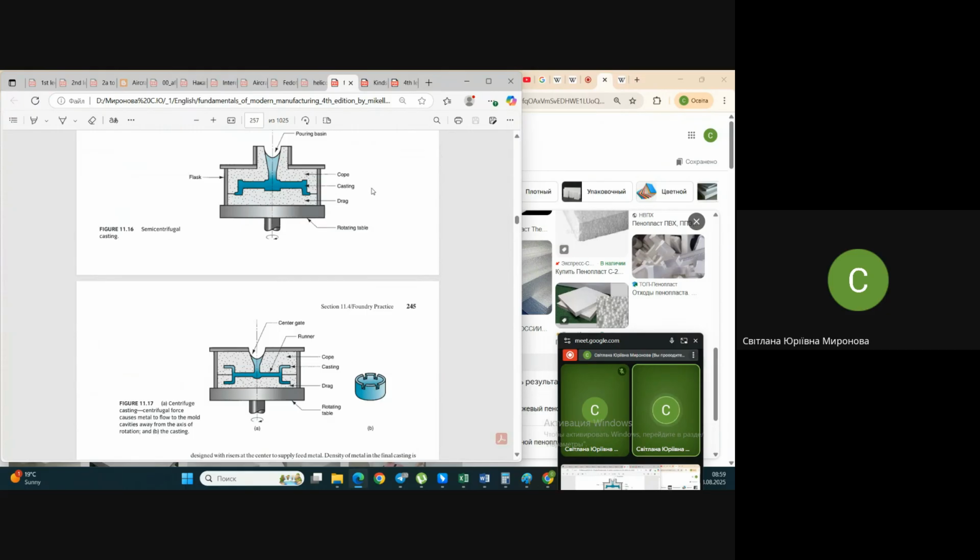It's also possible, you understand. And the surface finish quality in this case depends on applying of the centrifugal force, of course, and also it depends significantly on the material the mold itself is made of.